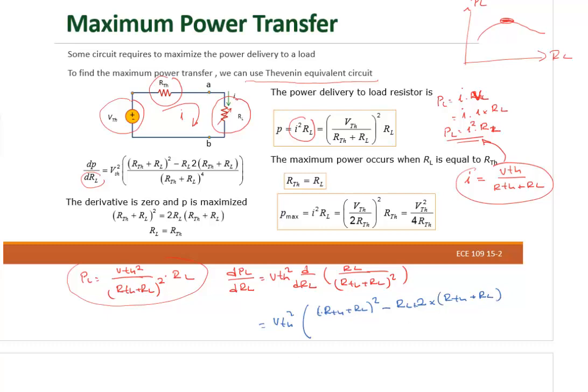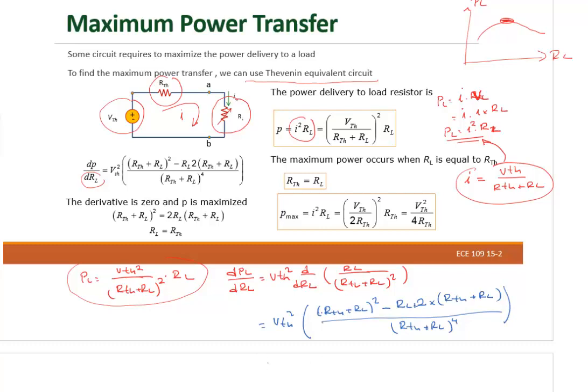Divided by (RTH plus RL) squared, which is to the power 4 right there.